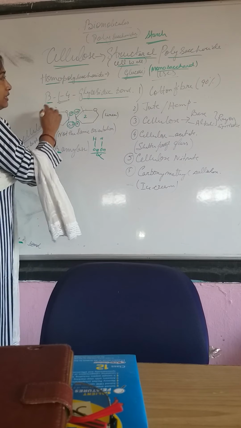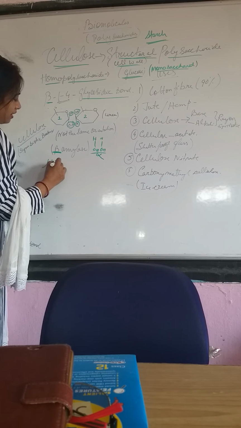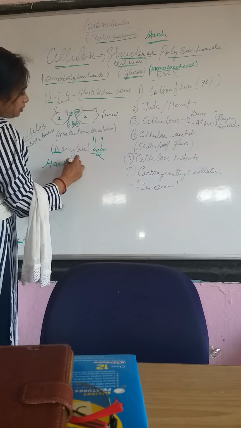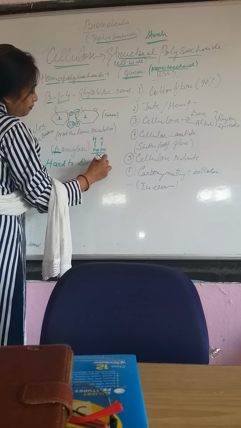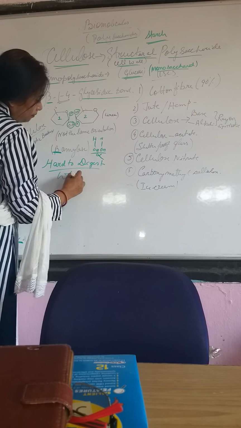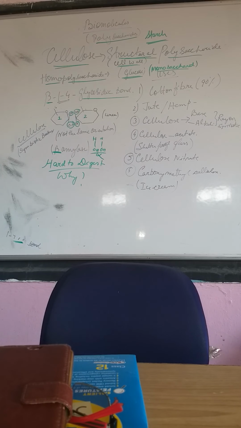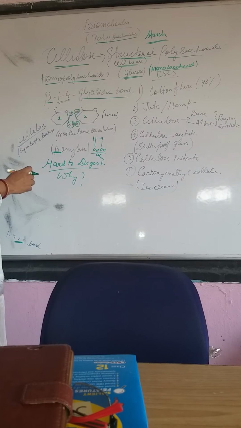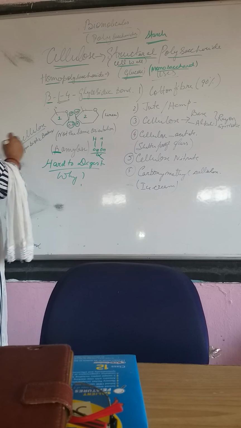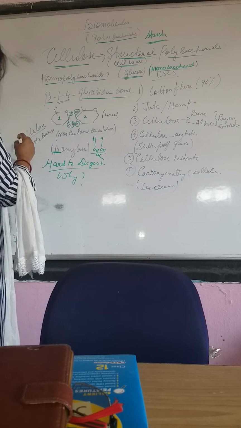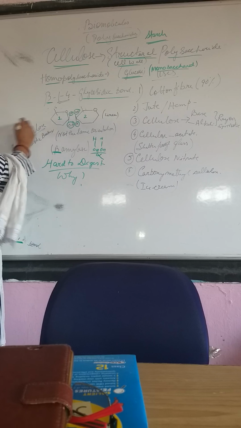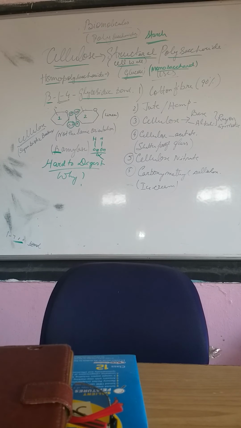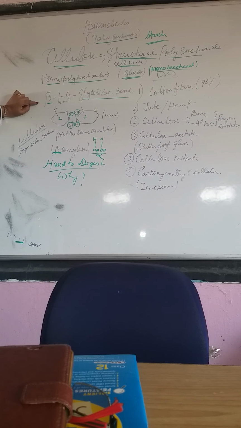Now, cellulose is very hard to digest. Why is it hard to digest? Generally all animals have cellulase, a cellulose digestive enzyme, but this enzyme cannot digest the beta group.